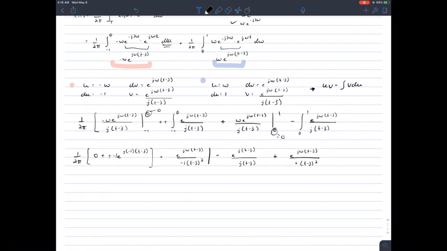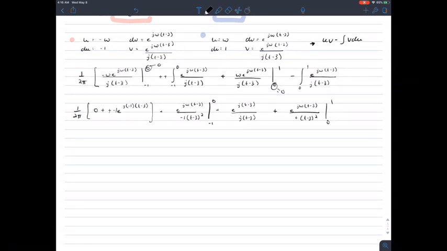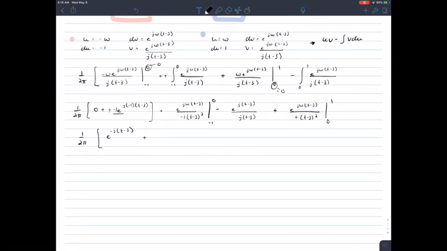Plus, plus, and this is going to be from negative 1 to 0, 0 to 1. Okay? So this is going to be 1 over 2 pi, integral of e to the negative j(t minus 3). Plus, oh guys, do not forget your j(t minus 3).